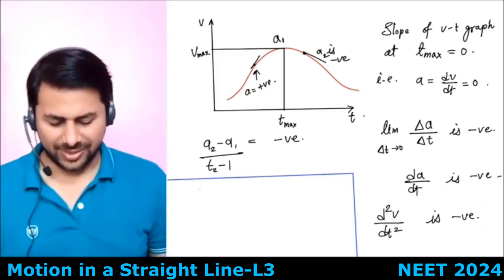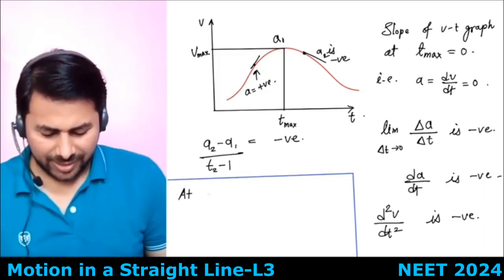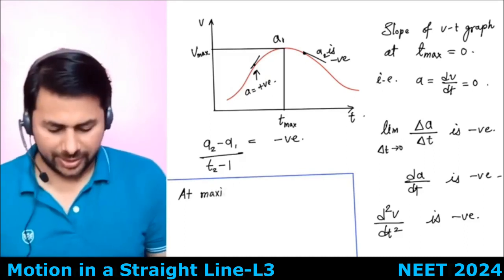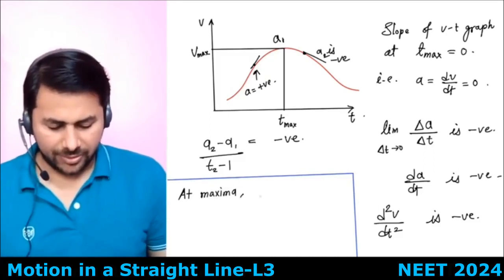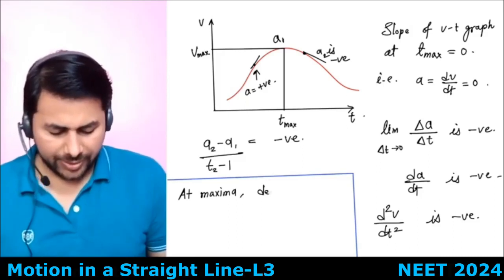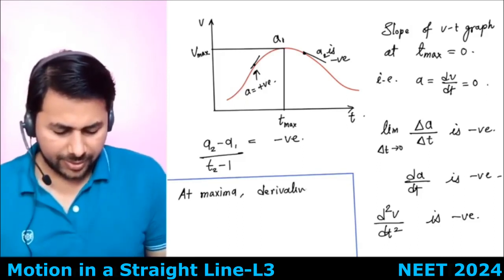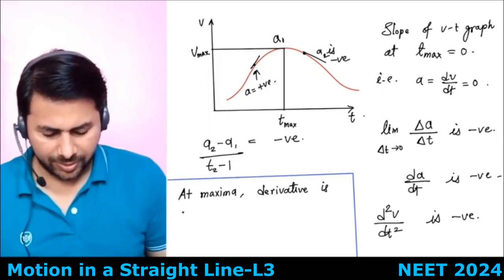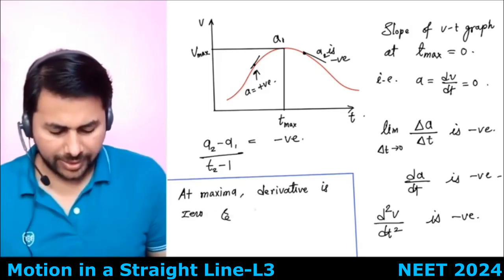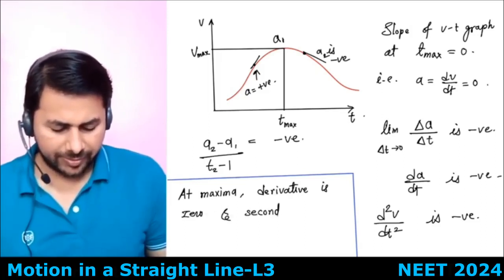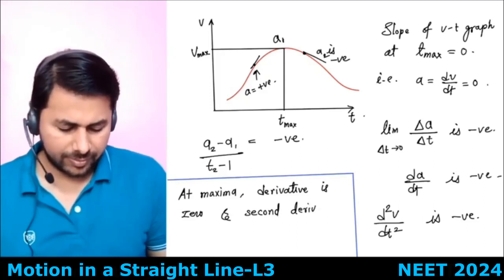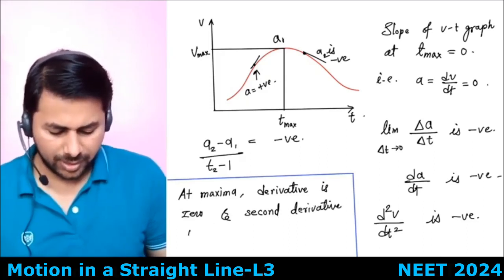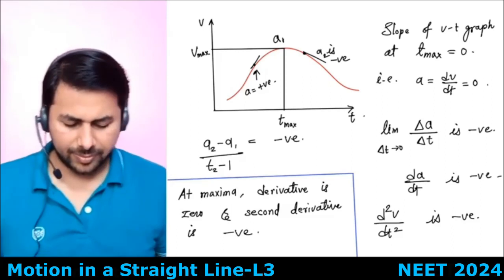Understanding level. Okay, so at maxima, the maximum point is known as maxima, the derivative is 0 and the second derivative of the function is negative.